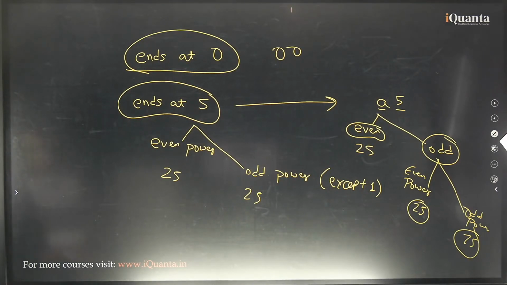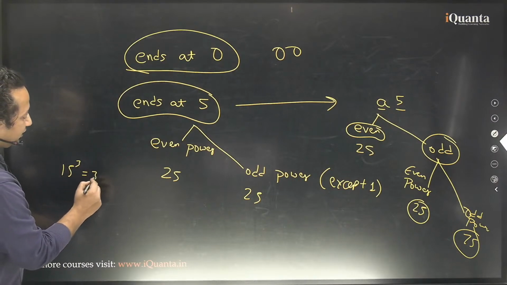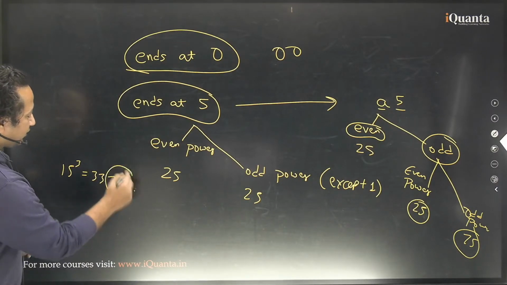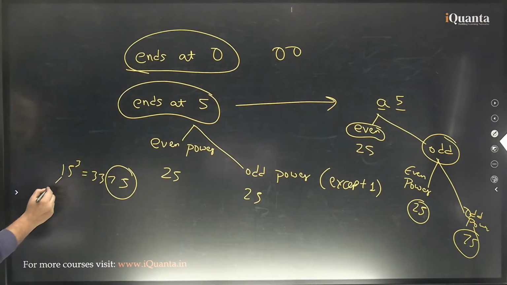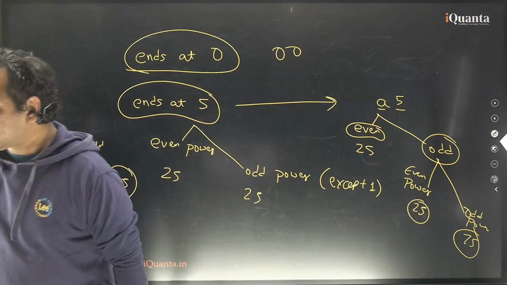And when A is odd, at even power it will be 25, at odd power it will be 75. For example, cube of 15 is equal to 3375. All right, so here you can see that 1 is odd and the power is also odd. Is that clear, everyone? Just put a yes over there.